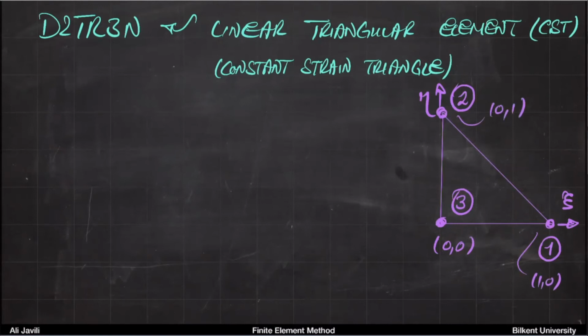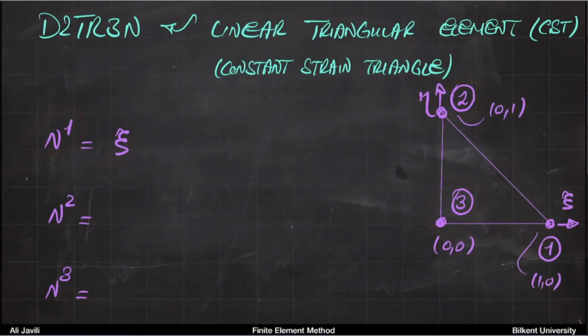Again, we want to construct the shape functions for this element: N1, N2, and N3. N1 is a function that must be 1 at node 1, and it must be 0 at the other nodes, which are node 2 and 3. So it's simply xi. At node 1 you get 1, and at node 3 and node 2 you get 0.